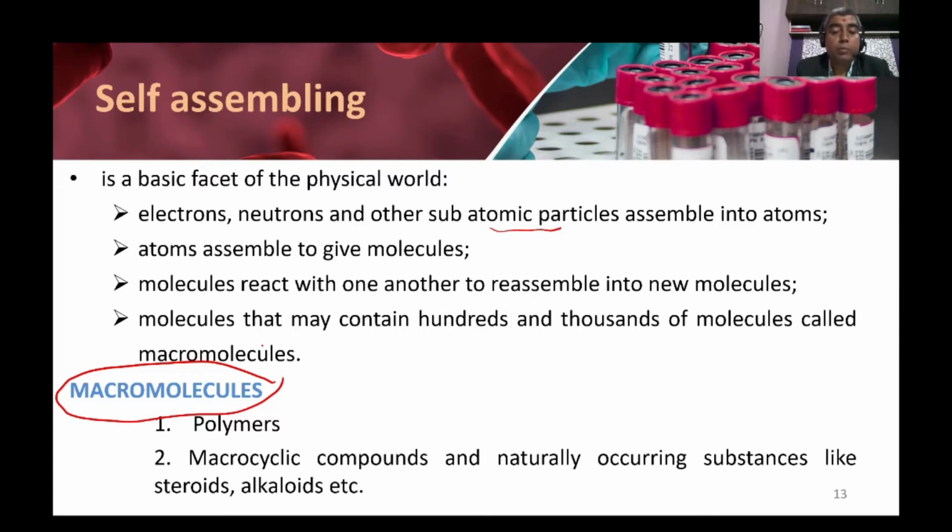Macromolecules are of two classes. The first is polymer. We know that polymer means it has a repeating unit. And second, macrocyclic compounds and naturally occurring substances like steroids and alkaloids.